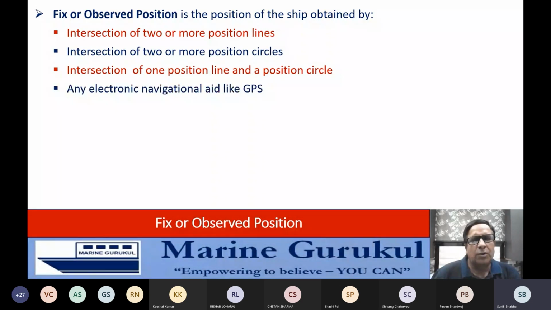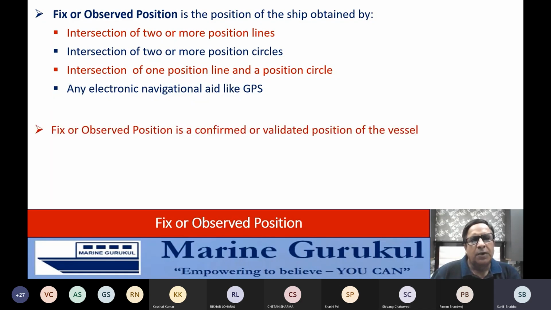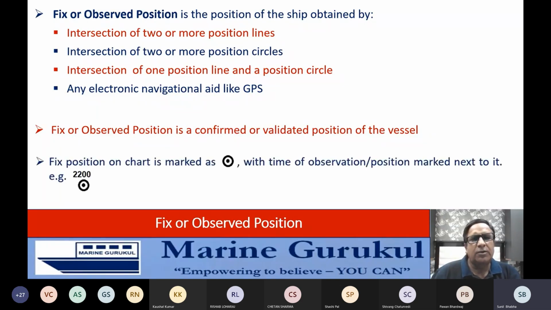Or a position that is obtained by a reliable electronic navigational aid like GPS, which may provide the position in its coordinates of latitude and longitude. A fixed position or an observed position is a confirmed or validated position. It's represented on the chart with a symbol of a dot and a circle surrounding it. The dot in the center represents the position of the ship.